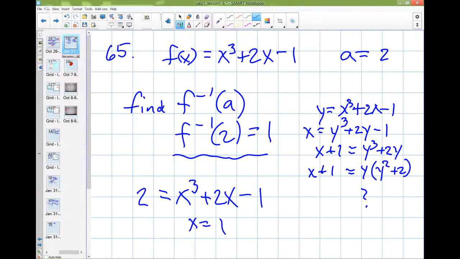So when you plug in 1, you get 2. So what's the inverse of 2 then? 1. So this one, even without being able to calculate the official inverse of the function, you can still do some reverse calculation to get that to work.